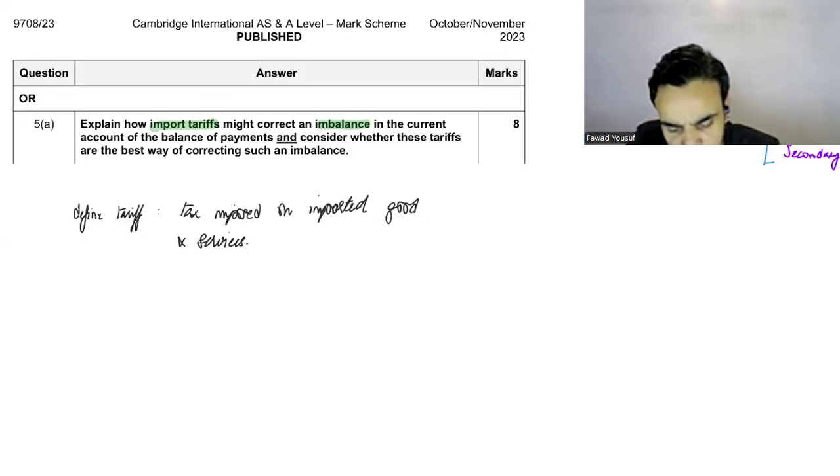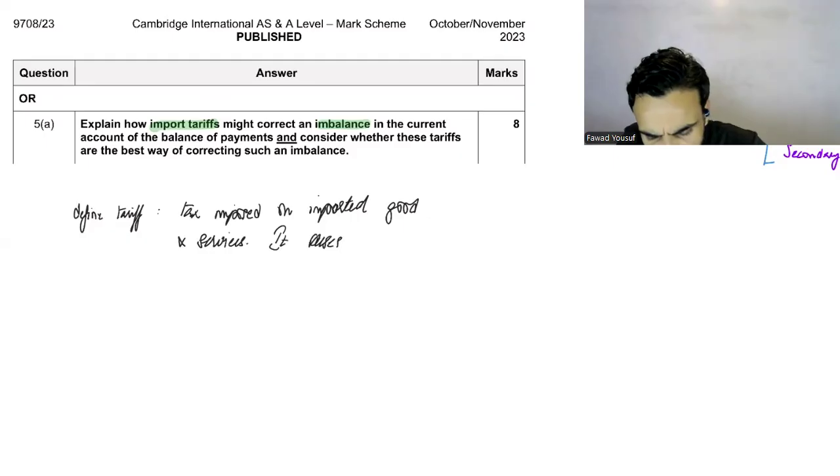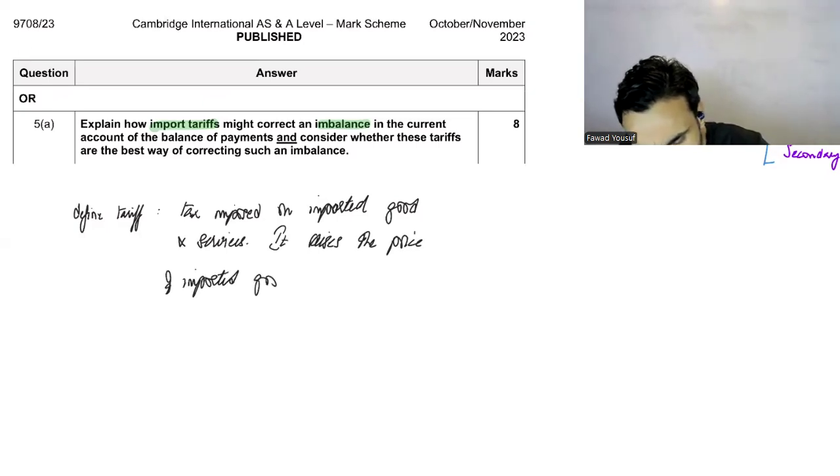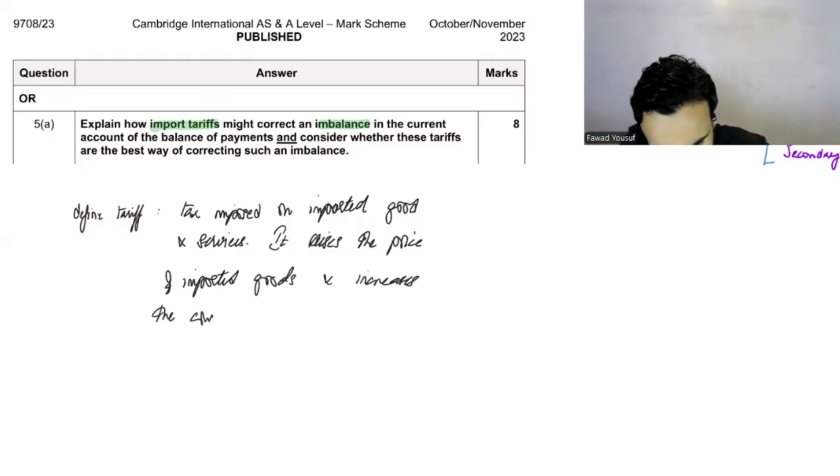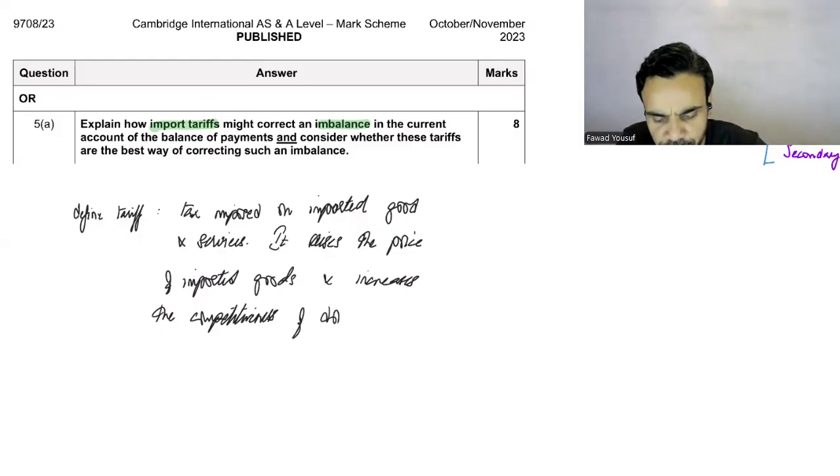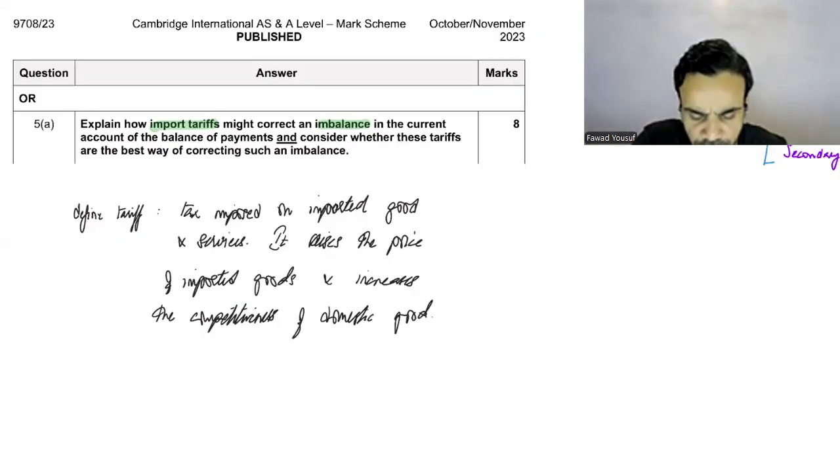I think if you want, you can briefly suggest that it raises the price of imported goods. Okay. And increases the competitiveness of domestic goods. I think that would be काफी reasonable explanation है.